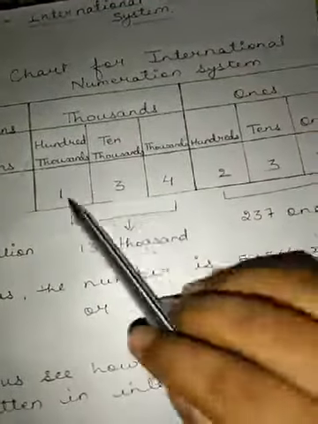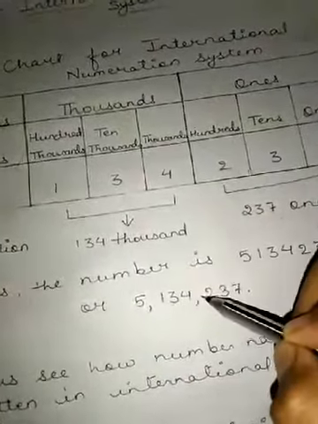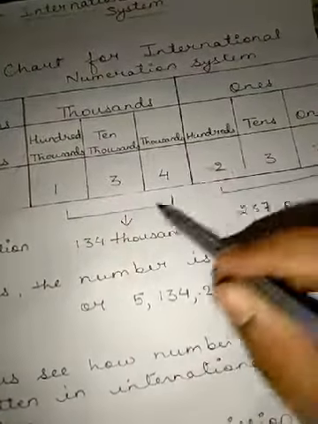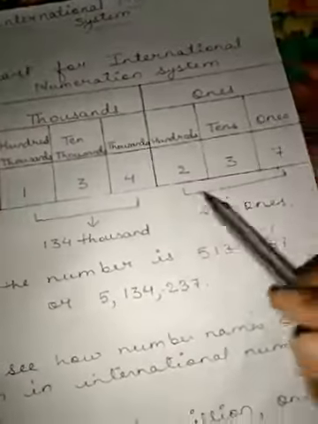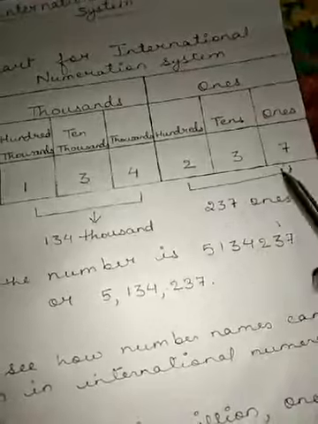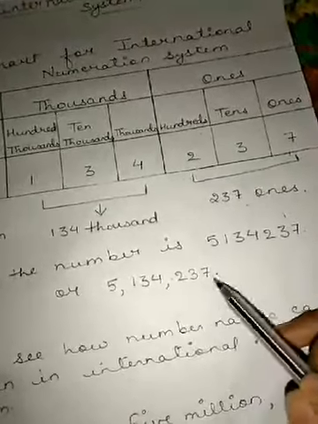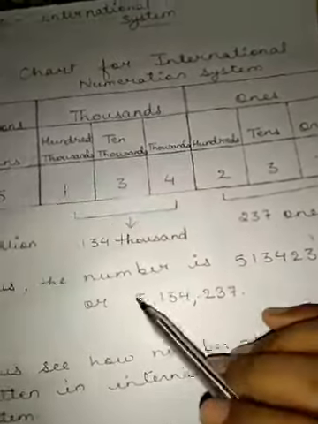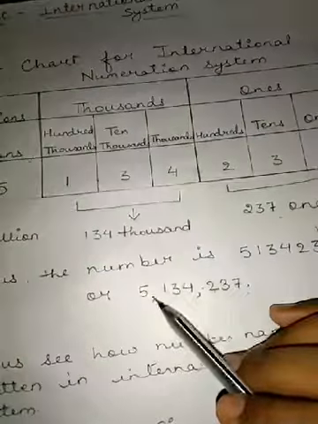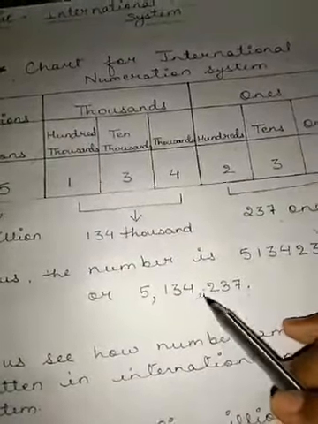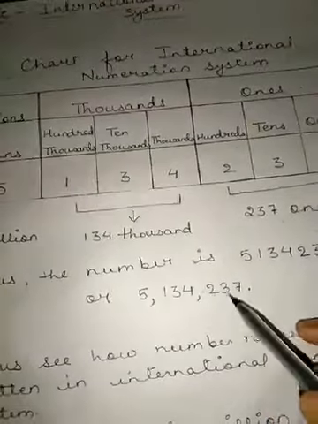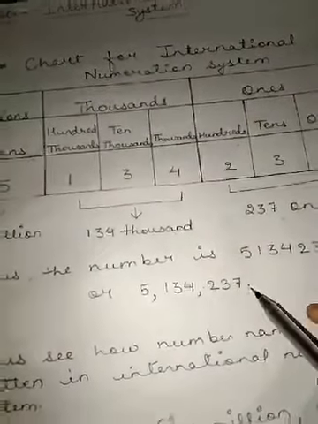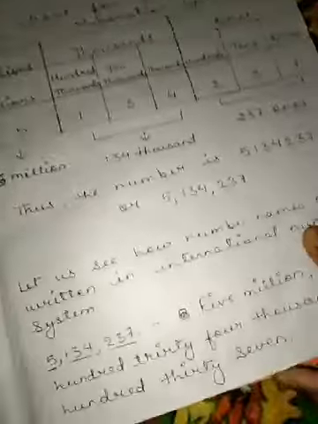So we will write 134 comma, because there is a separation between thousands and ones. And 237 is the last, so it will be over now. Means 5 millions comma, 134,000 comma, 237. Clear?